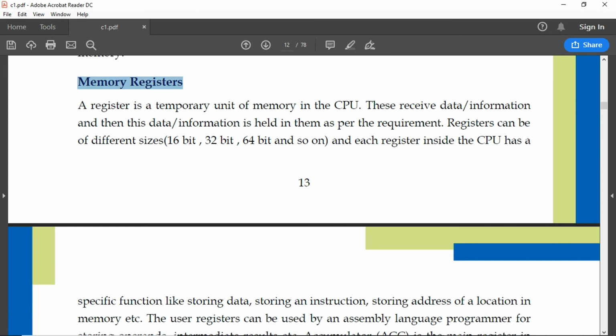Memory registers. A register is a temporary unit of memory in the CPU. These receive data/information. And then this data/information is held in them as per the requirement.